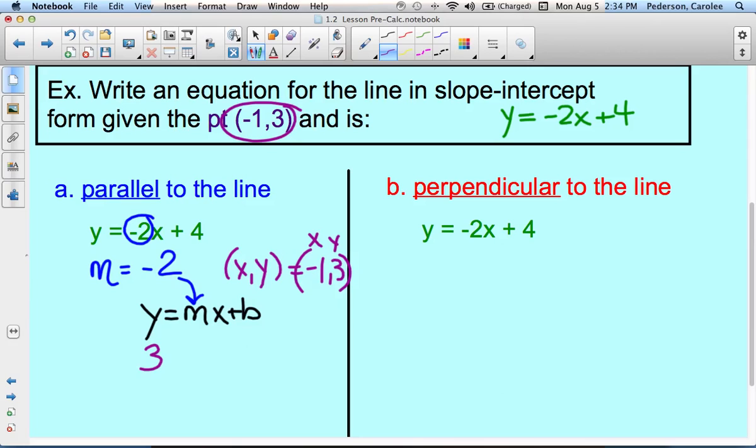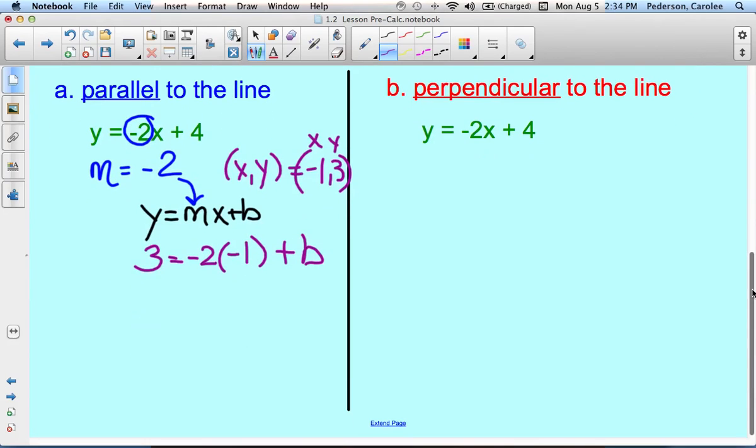So I have 3 here, negative 2 goes in for m, and then negative 1 goes in for x, and all we're going to do is solve this, now in purple, for b. So 3 equals negative 2 times negative 1, which is a positive 2, plus b.